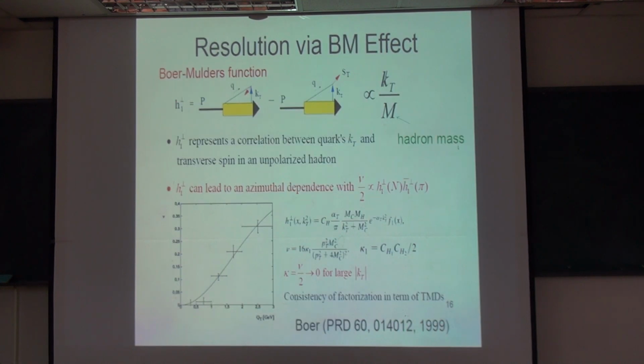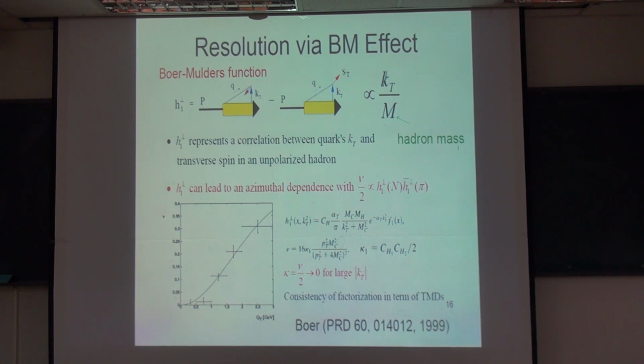Then they mentioned whether this correlation comes only from the non-perturbative effect. In fact, there can be other sources or mechanisms to produce this transverse polarized spin, for example, the Boer-Mulders function. The point is that we must have a transverse spin. How to have a transverse spin?